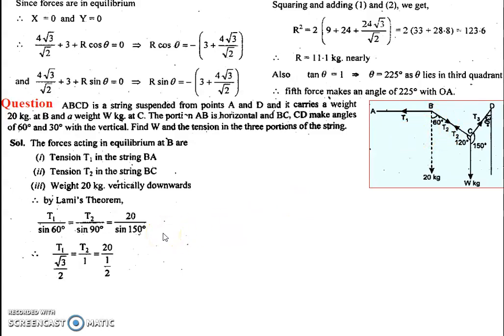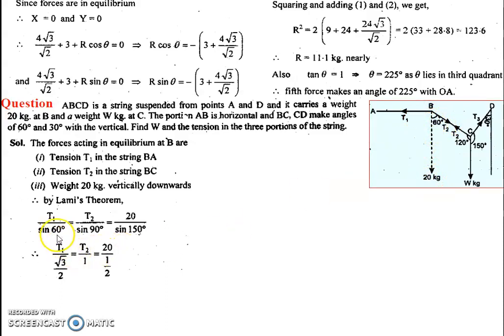So once again, students, see these angles very carefully. By Lami's theorem, T1 over sine of the angle between T2 and 20, T2 over sine of the angle between T1 and 20, and 20 over sine of the angle between T1 and T2.